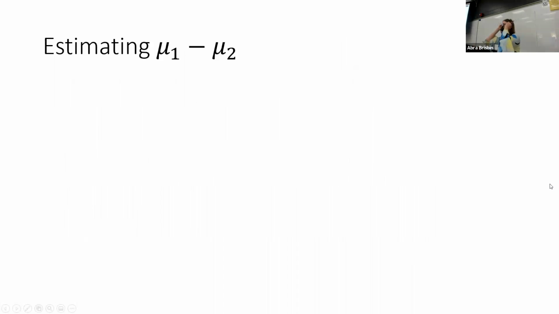All right, so let's move on to a related question, estimating the difference of means between two populations.